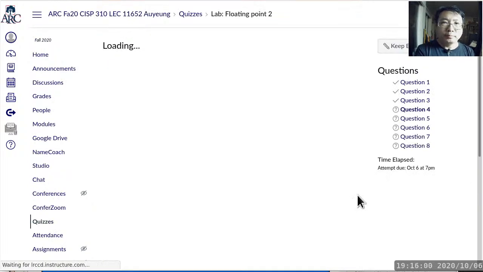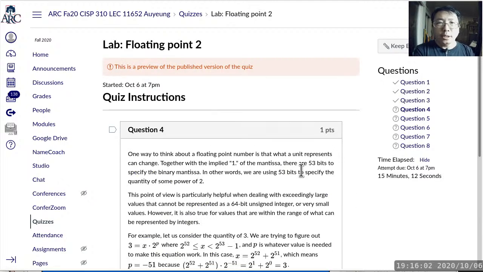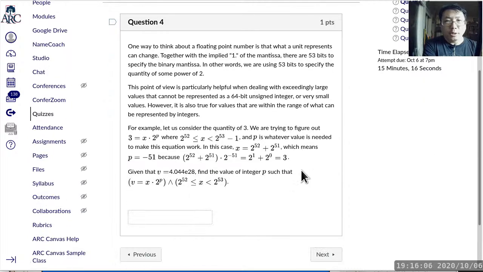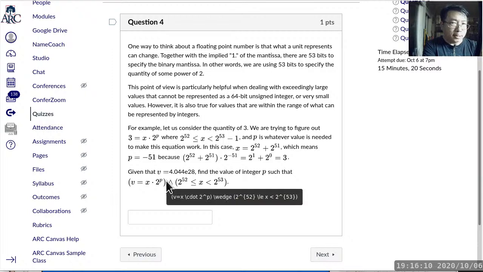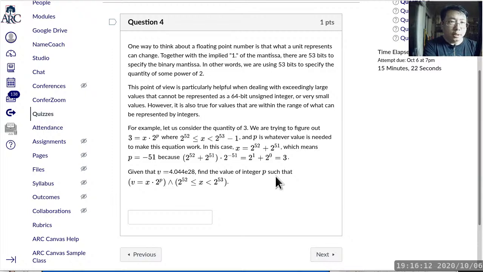Click next. All right, so here's the really interesting question number 4. Question 4 is asking you to solve for p again, and I want p to be an integer. That's part of the question. And this time v equals 4.044 times 10 to the power of 28.